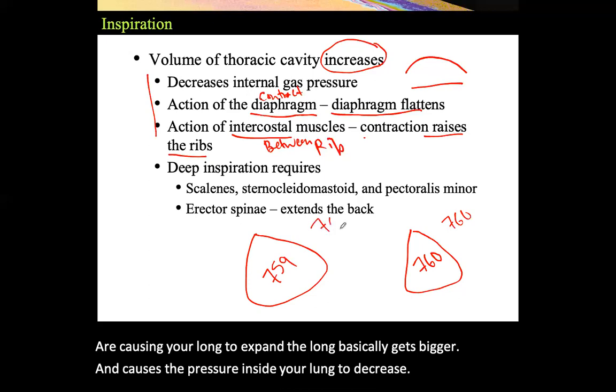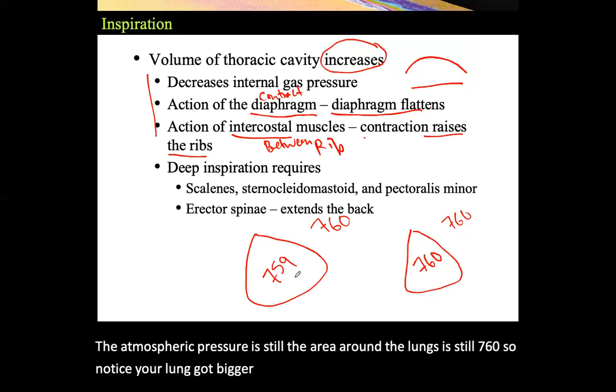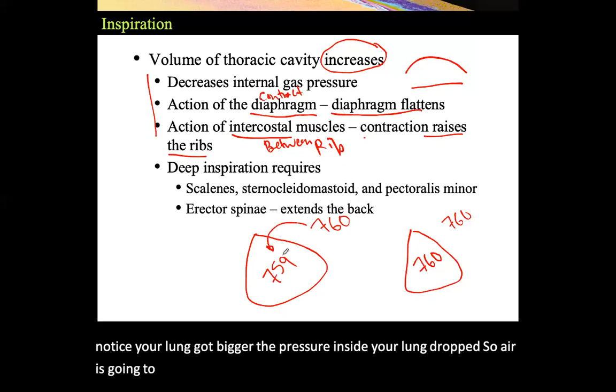The atmospheric pressure, the area around the lungs, is still 760. So notice your lung got bigger, the pressure inside your lung dropped. So air is gonna now move inside your lung. So this is the process of inhalation.